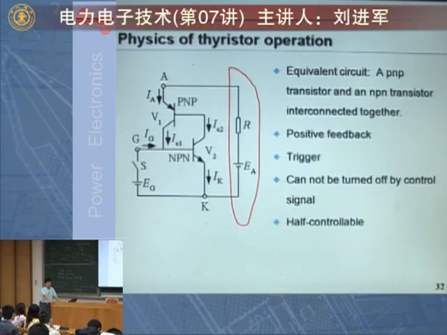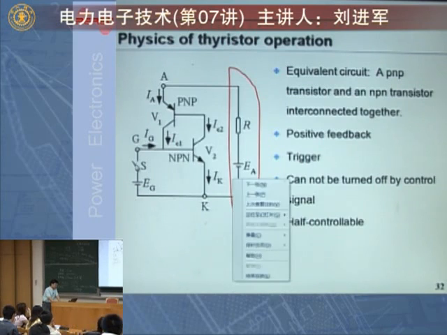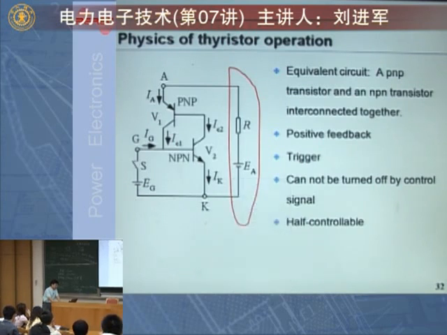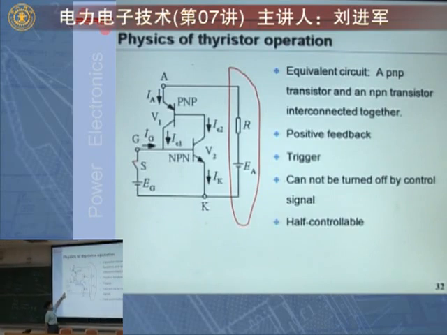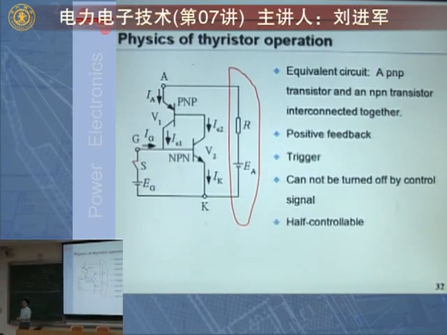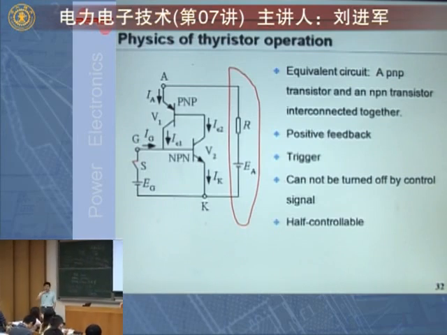But if we close this switch, then you will generate current from this voltage source and inject current into the base terminal of V2. V2 will have some base current.